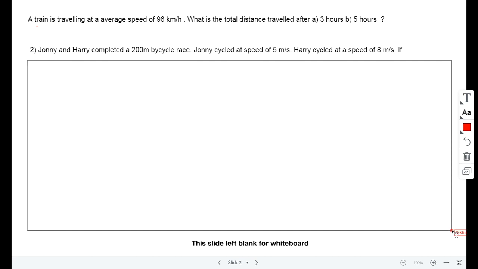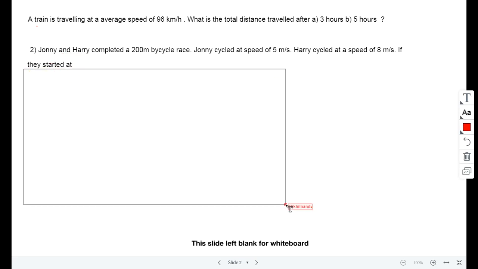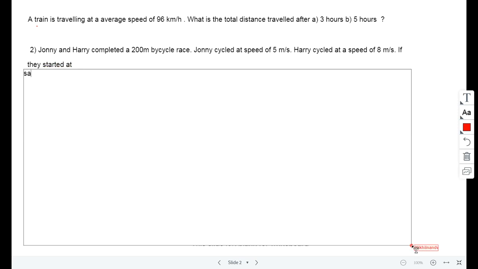If they started at the same time. A. Find the time Harry took to reach the finishing line.